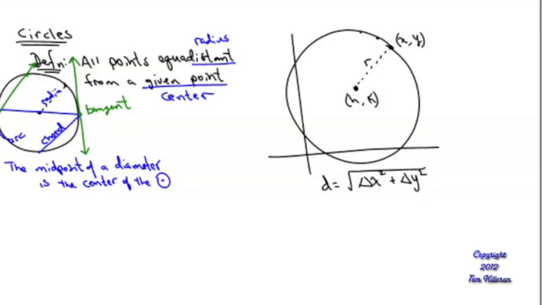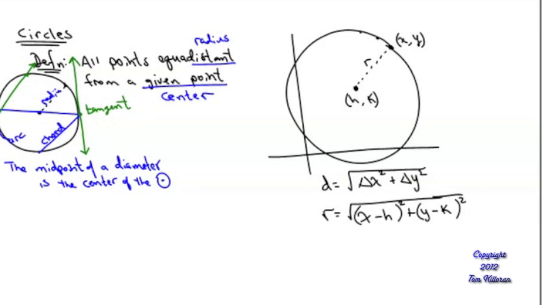So in this case, what's d equal to? It's r, the radius. So this becomes r equals the square root of, what's the change in x? Well, switch it around, it actually makes more sense. x minus h, because you usually go variable minus number. x minus h all squared plus y minus k all squared.